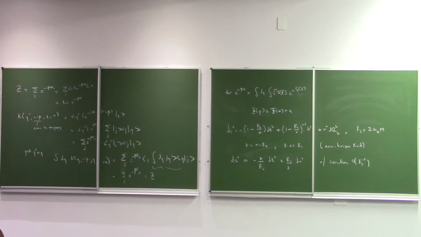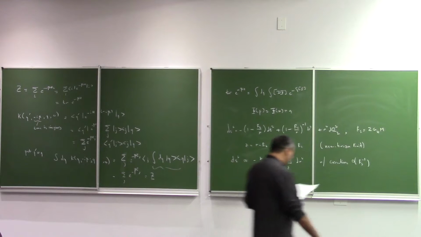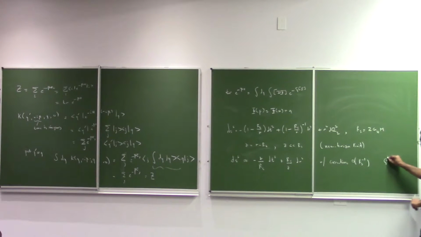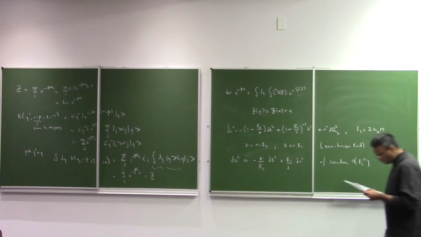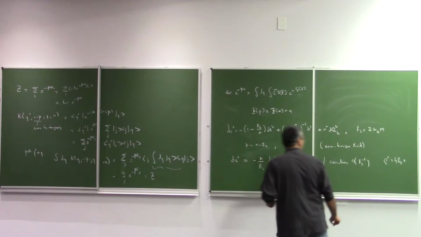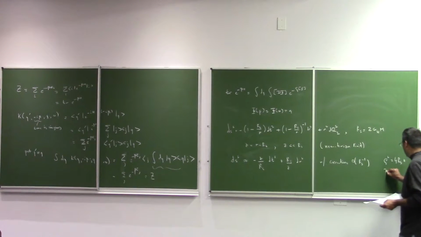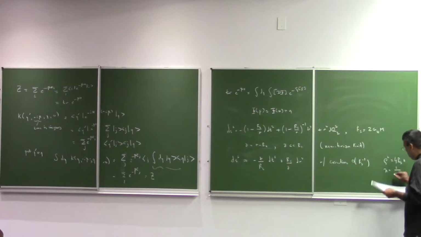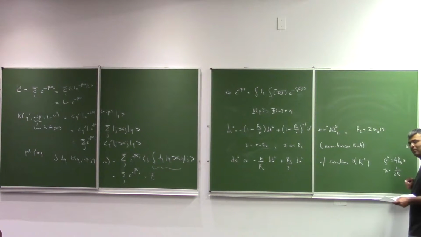And let me define a new variable. My new variable is going to be something I'm going to call rho squared. And rho squared equals 4 rs times z. So make the change of coordinates, and let me express things in terms of kappa, the surface gravity, which is 1 over 2rs.